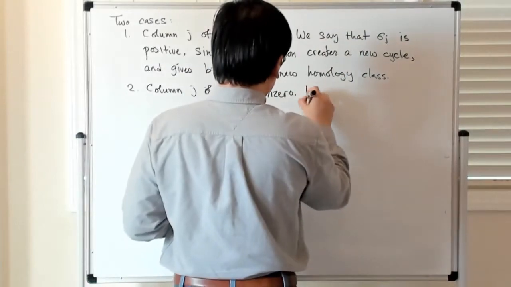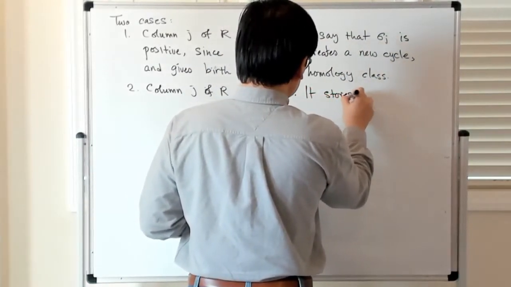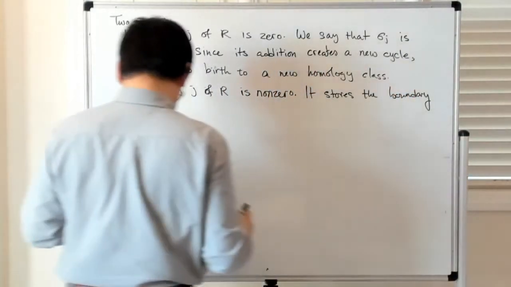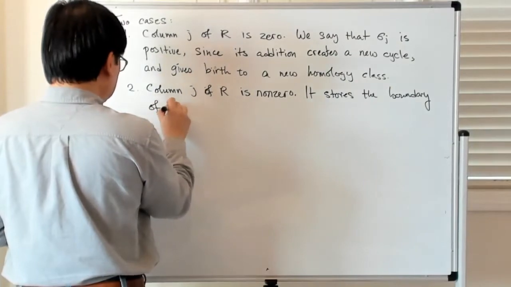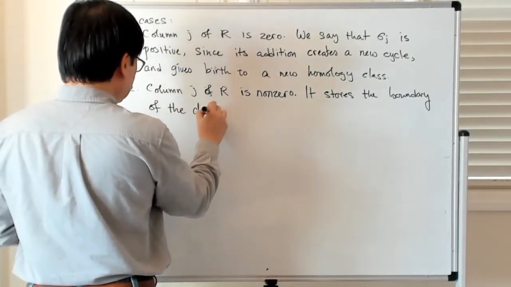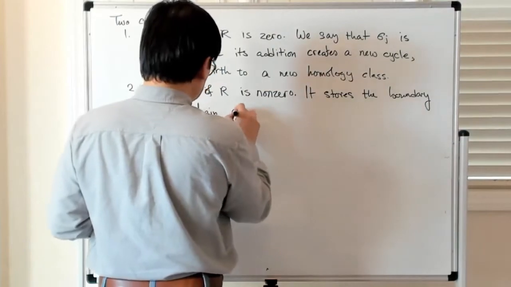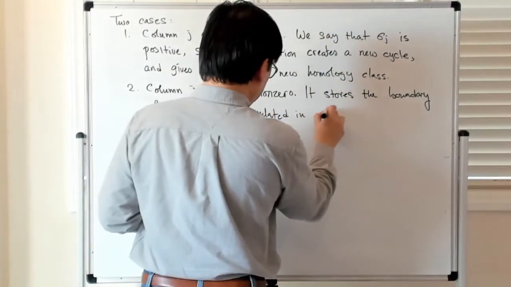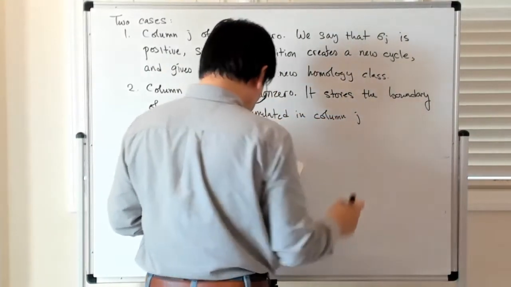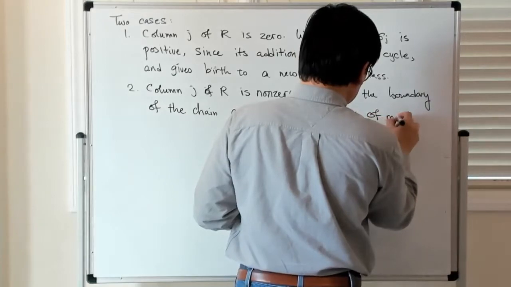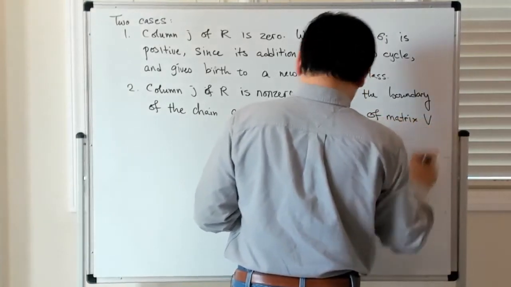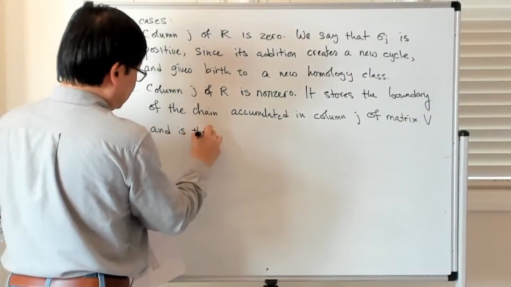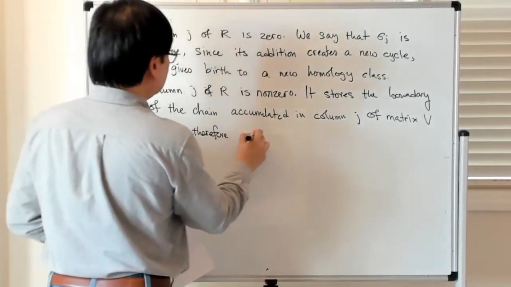What it does is that it stores the boundary of the chain accumulated in column J of matrix B, and is therefore a cycle.